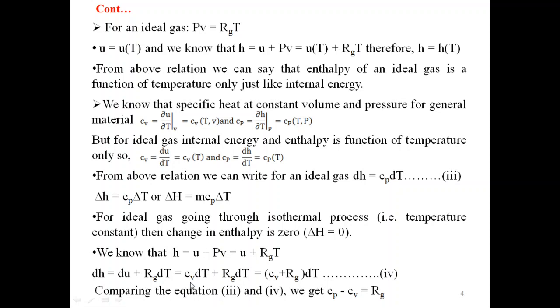Now we can write dU as Cv dT. Taking dT common, we get Cv plus Rg whole multiplied by dT. Now if we compare equations 3 and 4, we get a new relation, that is Cp minus Cv is equal to Rg. That means this relation is also valid only for an ideal gas.